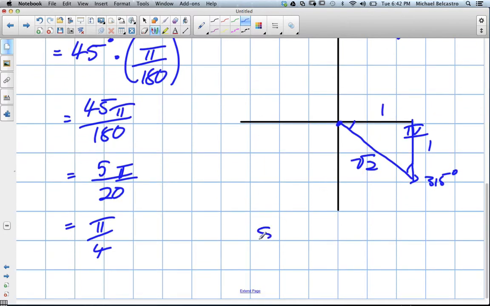Yeah. Okay, so if I were to do sine, how would I write it? What would I do? Sine of 315 degrees, or 7 pi over 4. Okay, so we'll call it 315 degrees, or actually let's do it as the radians. 7 pi over 4. What do we do from here?